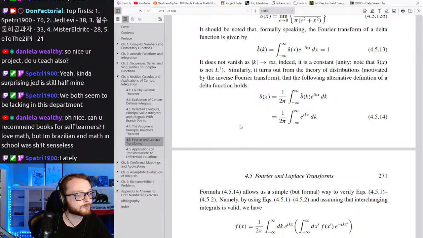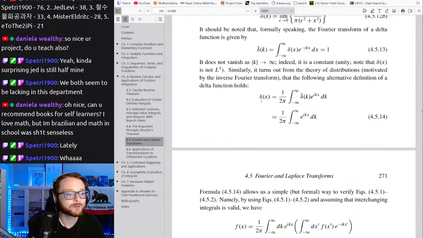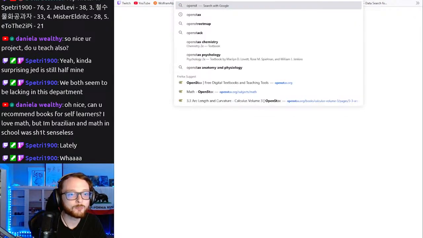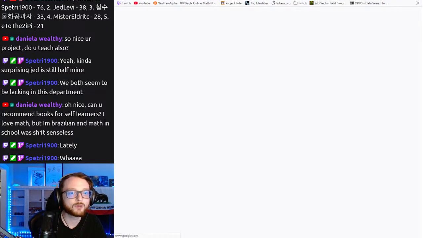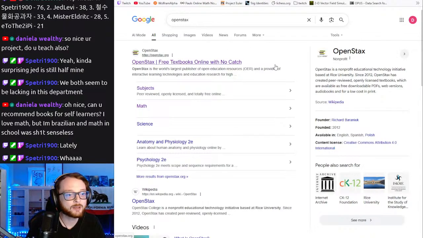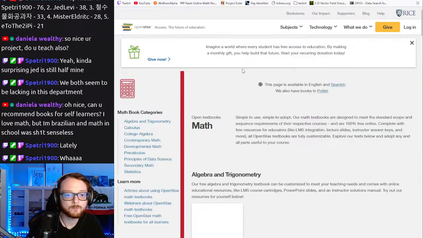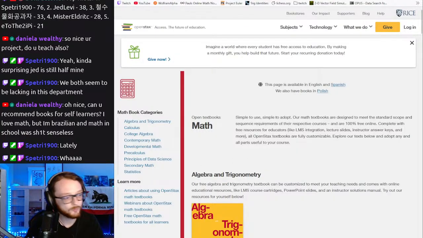Books for self-learners. Oh yeah. It depends. There's two sites I would recommend. For more early or fundamental math, OpenStax has a lot of good books that are free.